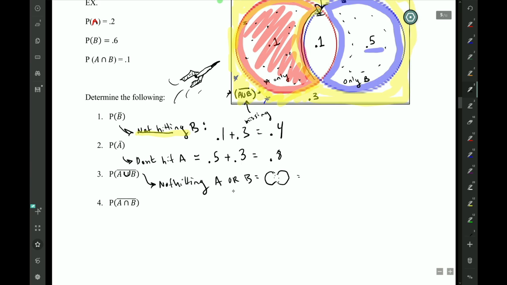So that means everything on the outside, and that means the 0.3. And not hitting the intersection would be A only, B only, or the no-hit zone, so that would be 0.1 plus 0.5 plus 0.3, and that would be 0.9.